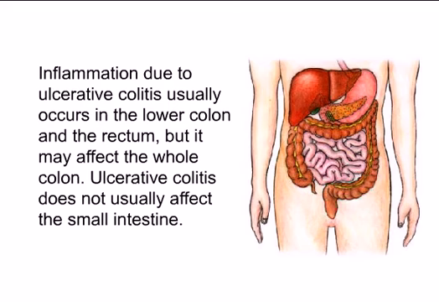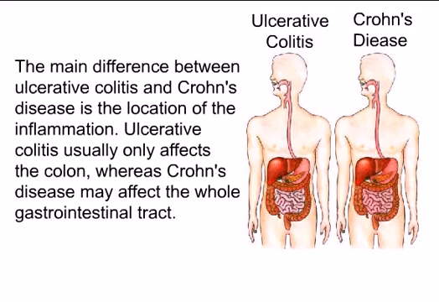Inflammation due to ulcerative colitis usually occurs in the lower colon and the rectum, but it may affect the whole colon. Ulcerative colitis does not usually affect the small intestine. The main difference between ulcerative colitis and Crohn's disease is the location of the inflammation.